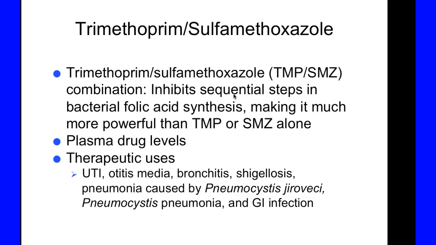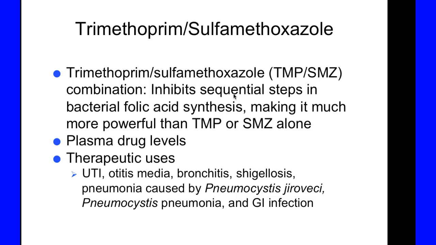But now we mix the two together is what you're going to see. You will see this definitely in your career, and it's called Bactrim. You'll see it as trimethoprim-sulfamethoxazole, and TMP-SMZ. You may have already had this prescribed to you before, and it's used commonly for UTIs.